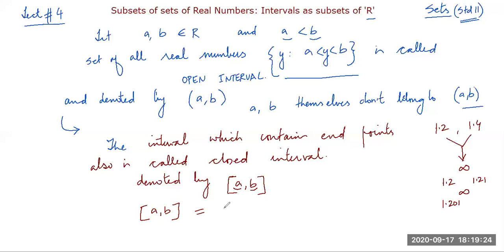So I'll write this as the set of all x. Can any student define this in set builder form? A and B are included. Yes, anyone? Set of all x such that x is obviously in between A and B, but something more to be added. And equal to also.